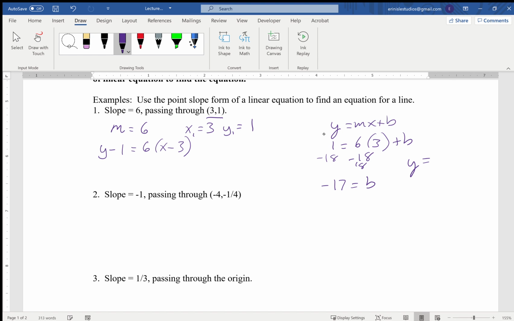So we have y equals 6x minus 17. Over here in the first method, we're going to distribute the 6 in, and we're going to add the 1 to both sides. So y equals 6x minus 18 plus 1, which turns into a negative 17, which notice is exactly the equation we have over there.